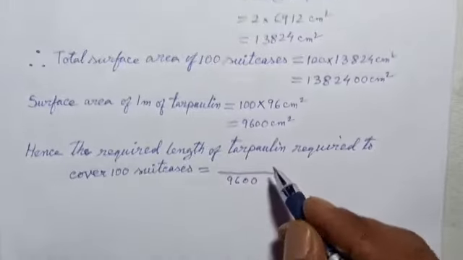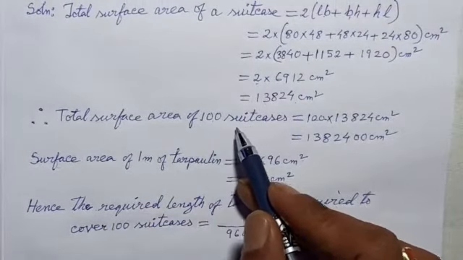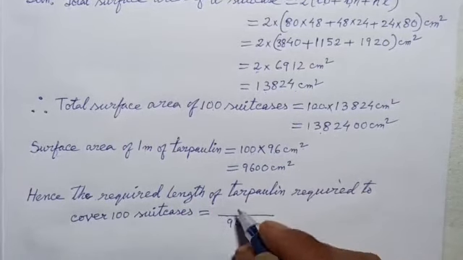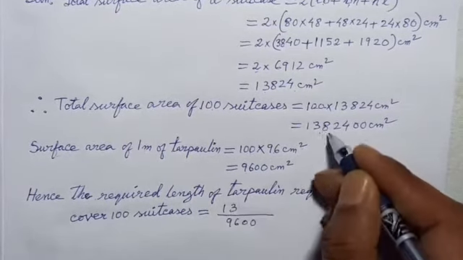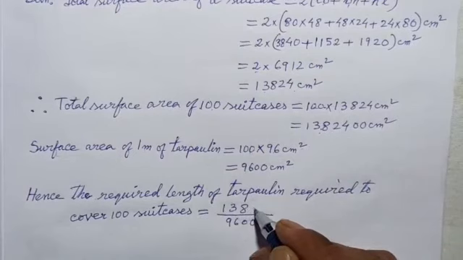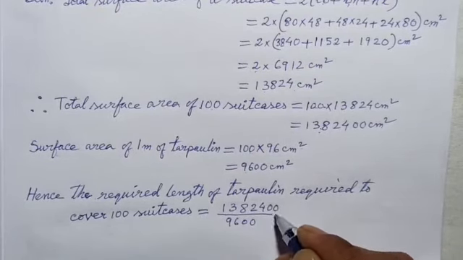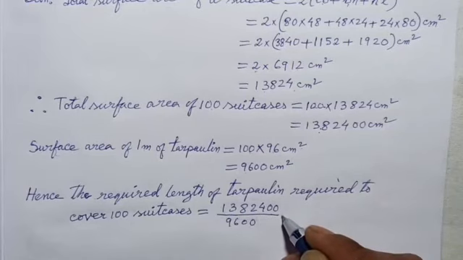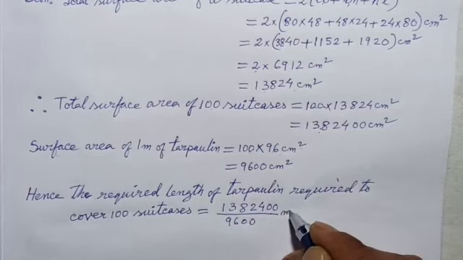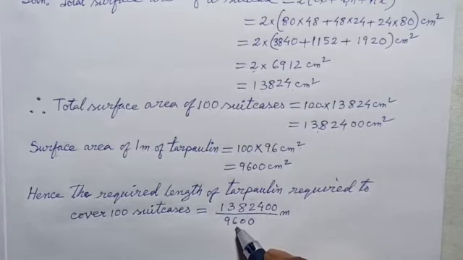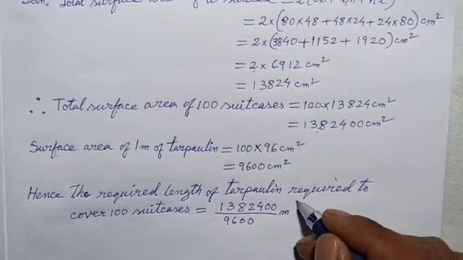Hence, the required length of tarpaulin required to cover 100 suitcases is equal to this total surface area of 100 suitcases, this number, divided by 9600. So 1382400, and this unit must be in meter. So let us divide 1382400 by 9600, and let us see how much we will get.